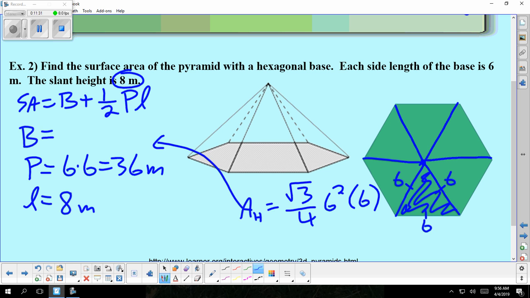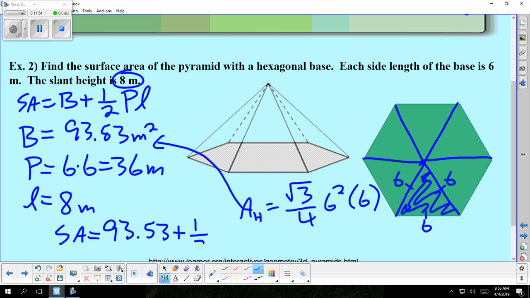I get 93.53 meters squared. And then I can calculate my surface area. Big B, 93.53 plus 1/2 times the perimeter times the slant.